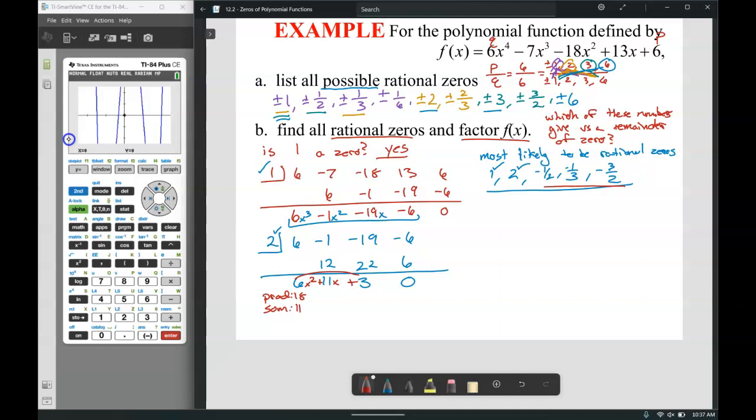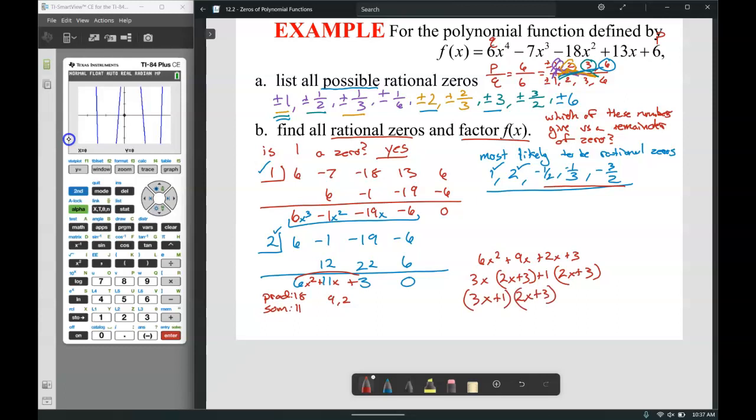That's going to give us 9 and 2. So we can take 6x squared plus 9x plus 2x plus 3, and we'll factor it. And now we have our linear factors.